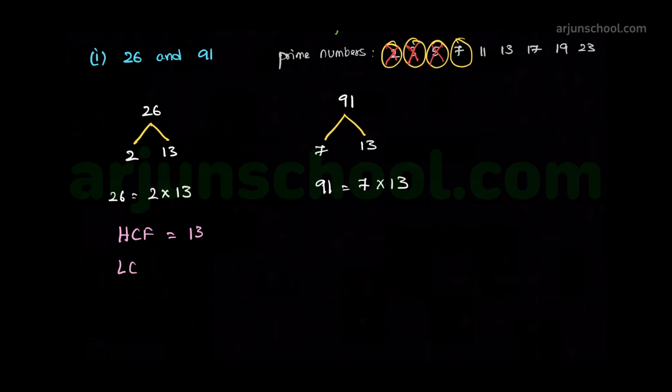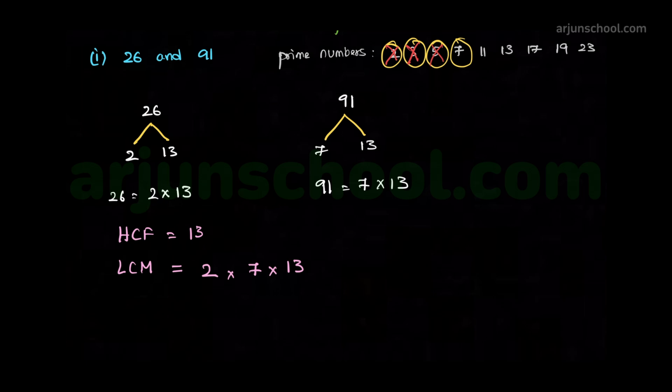Now let us find the LCM. What is LCM? LCM is the product of all prime factors that appear in any of the numbers using the highest power. For 26 and 91, we have 2, 7 and 13 prime factors. Therefore LCM can be written as 2 times 7 times 13.